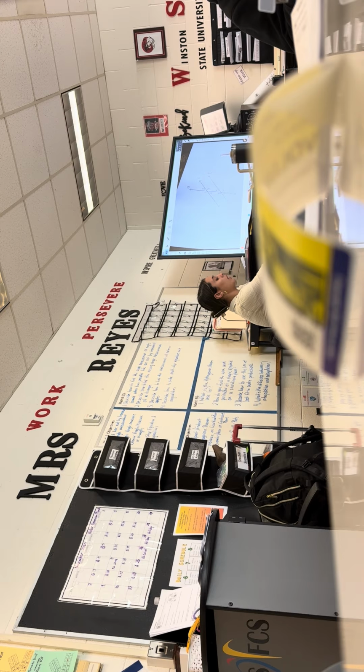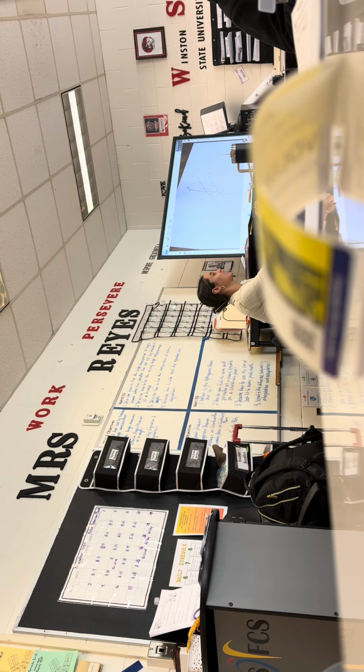So who can tell me what the relation would be between angle 1 and 3? Raise your hand, please. They're vertical. So 1 and 3 would be vertical angles because they share a vertex. Don't forget you have notes, y'all.